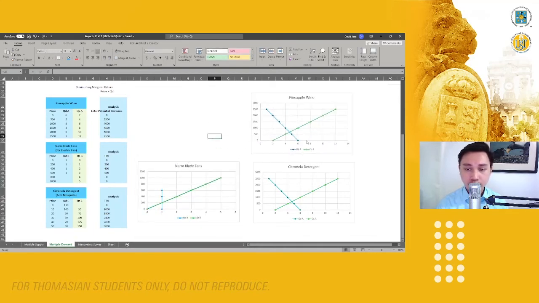You have to look at which one is better. In economics, the best one is the one with the highest profit. So you look at the best equilibrium.